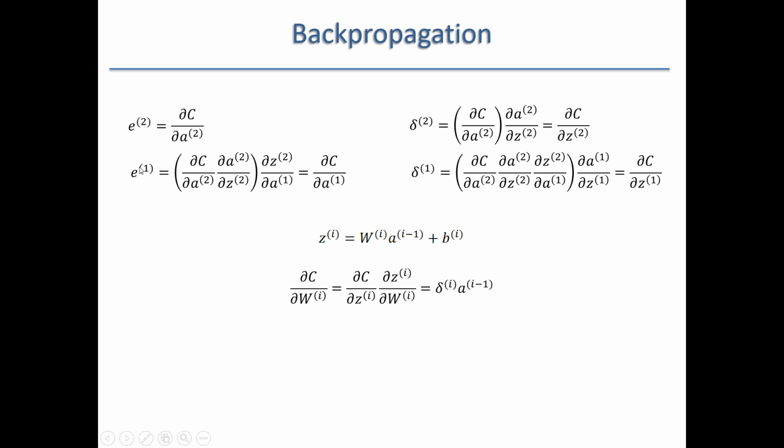So we have E1. E1 is C with respect to A1. But C with respect to A1 is C with respect to A2, A2 with respect to Z2, Z2 with respect to A1. And the same here, C with respect to Z1 will be C to A2, A2 to Z2, Z2 to A1, and A1 to Z1.